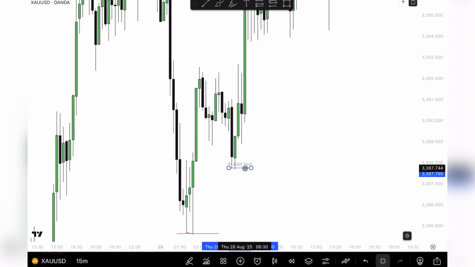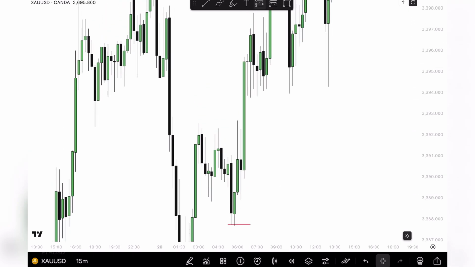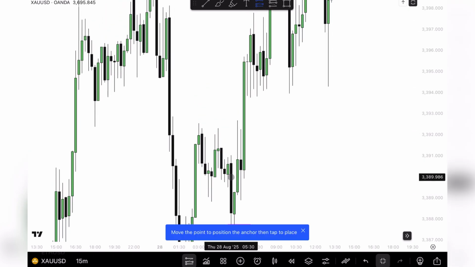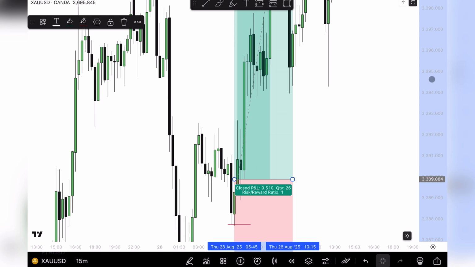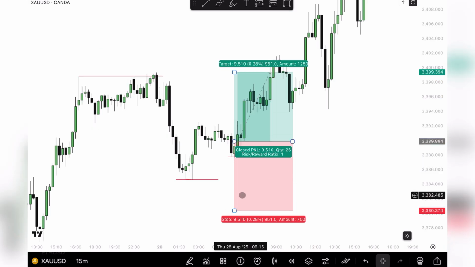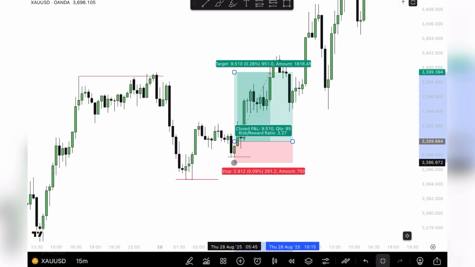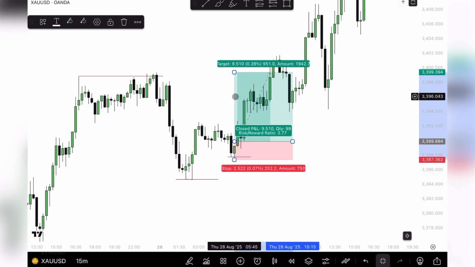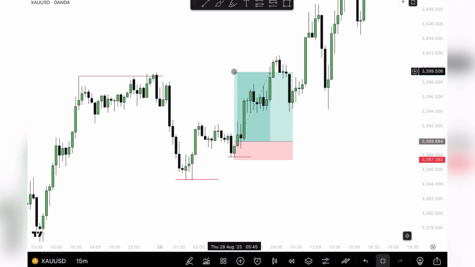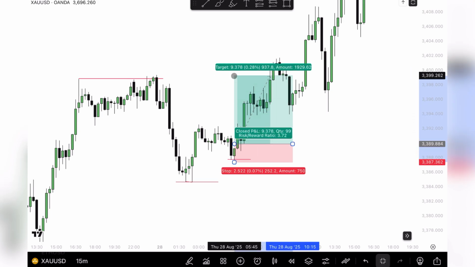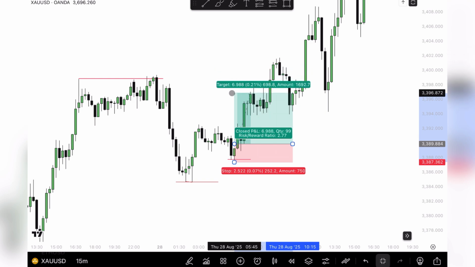So again there is an error or SMT divergence, and once the price closes above this candle, you can get an entry. And again you can see in this case you got a much tighter stop loss. You will get entry somewhere around here, and you got a much closer stop loss, and again you can target 2 RR, and then you can take profits and wait for bigger targets.